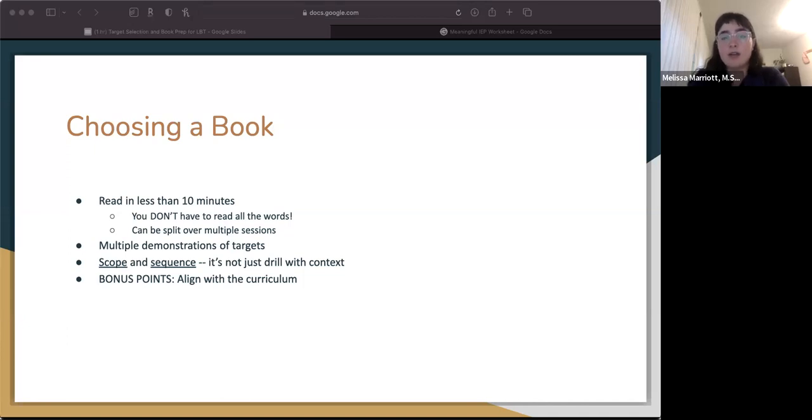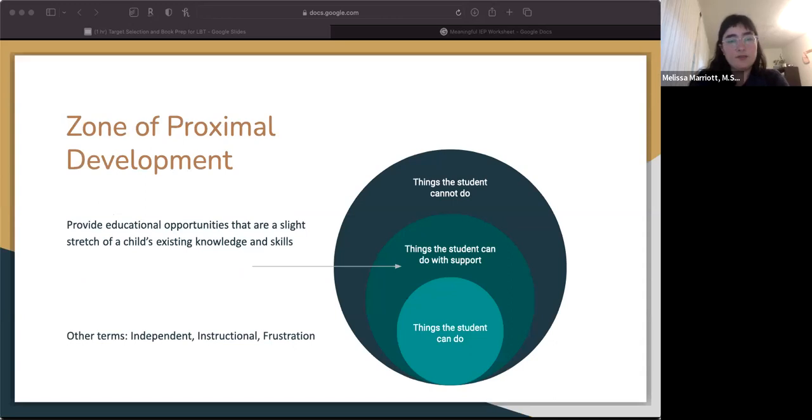What skills are required and in what order, and then how can you leverage the language that is available in a particular book to continue to advance those skills. And you guys are familiar, obviously, with the zone of proximal development, which is fluid and changes as students learn and grow. But that's where you want to be working, of course, always.